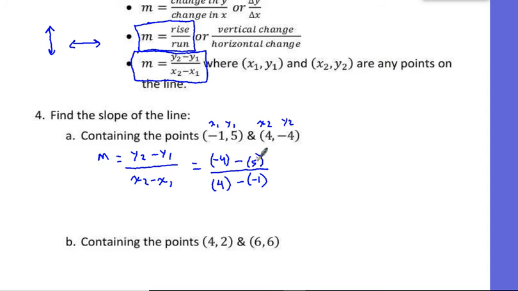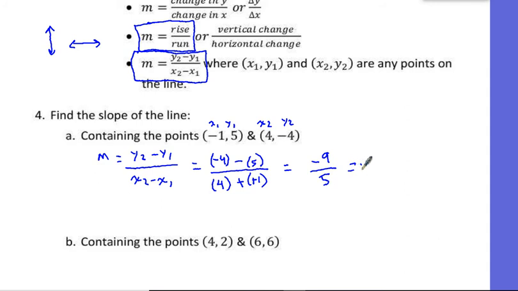Okay, negative 4 minus 5 is negative 9, and positive 4 minus a negative 1 is the same thing as 4 plus 1, or 5.